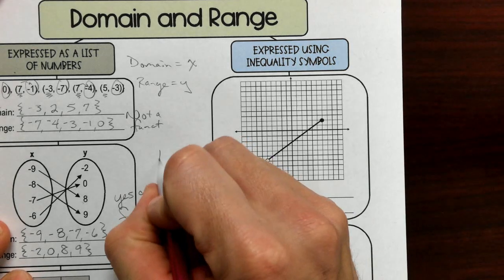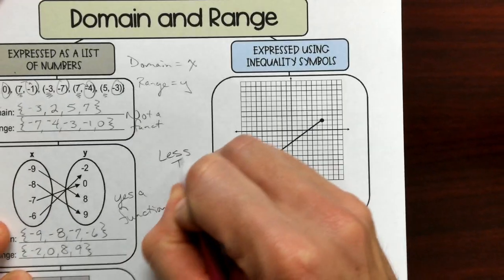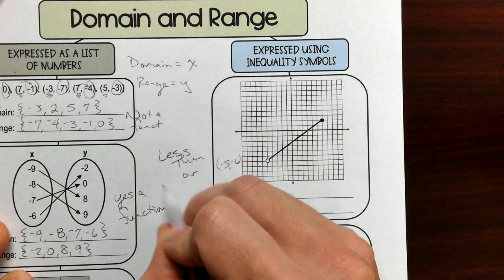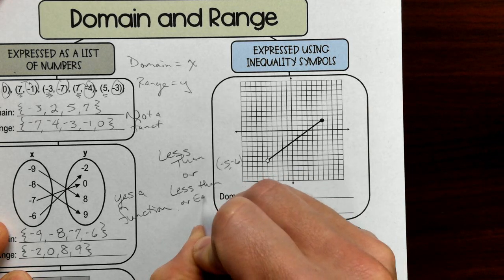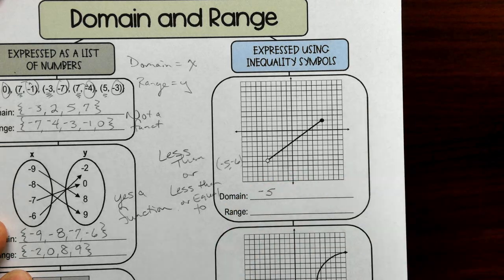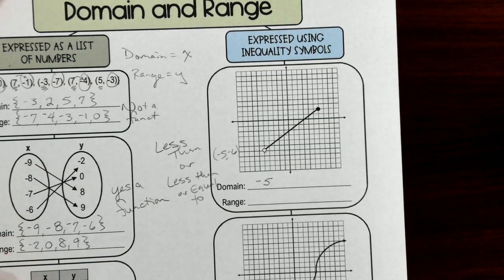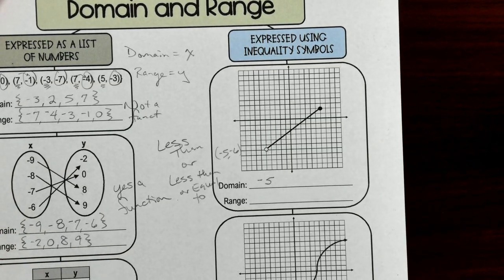So again, we're choosing less than or less than or equal to. Can anyone remind me, how do I tell the difference? Yes, Dara. If the circle is shaded in or if it's not. Exactly.